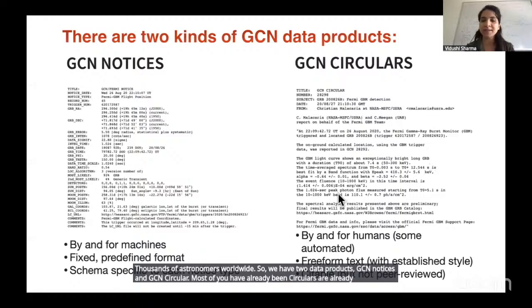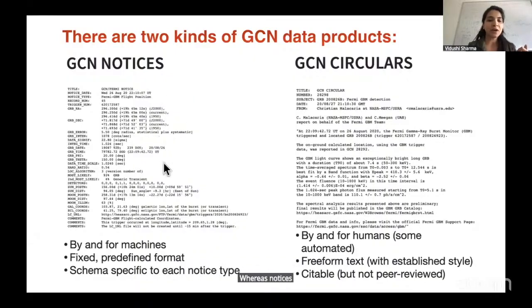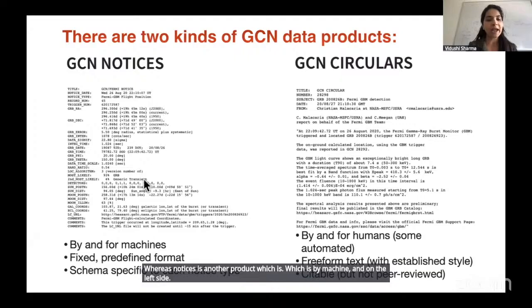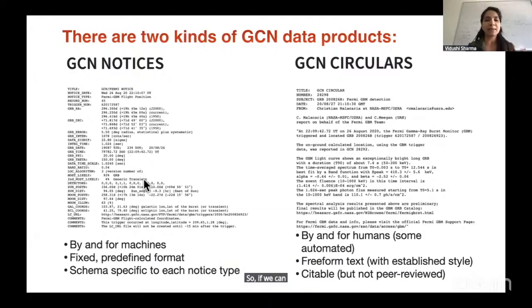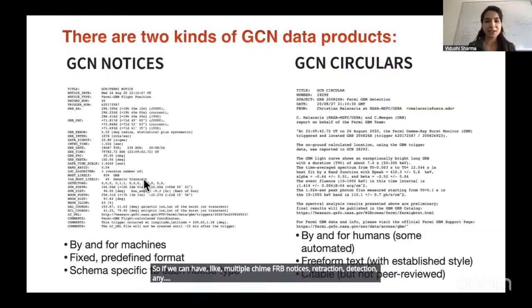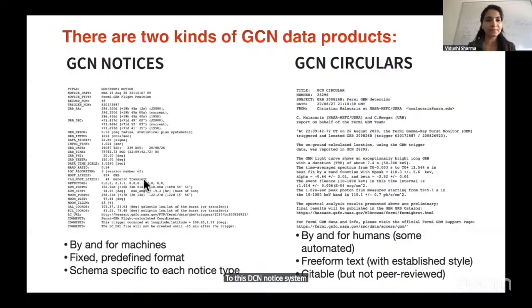Notices are another product, made for machines, and an example of a notice is shown on the left. It is read by machine and has a predefined format. So we can have multiple CHIME FRB notices, retractions, and detections through this GCN notice system soon.